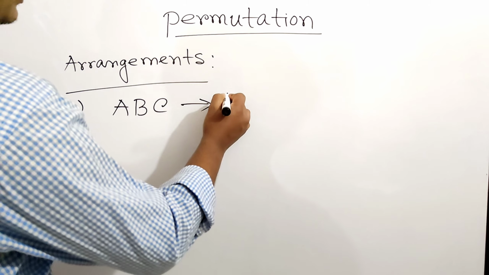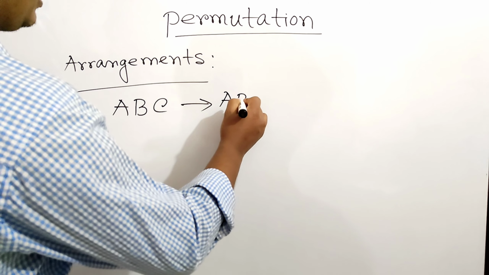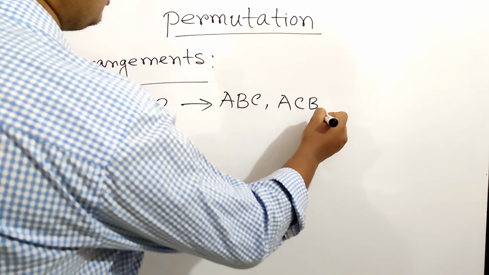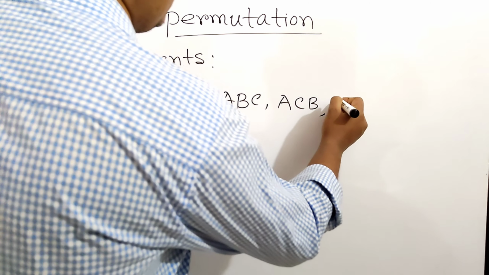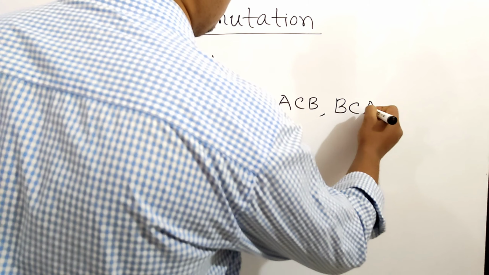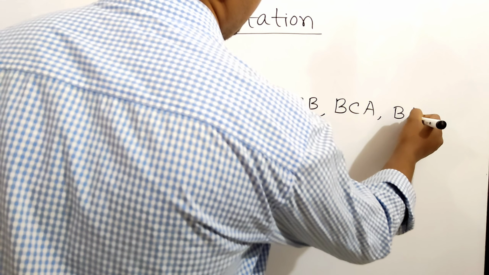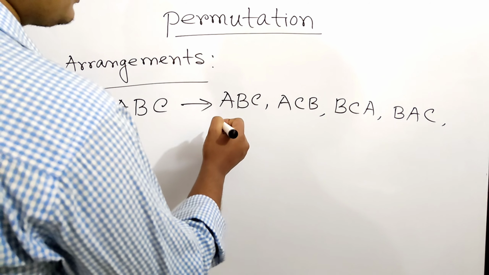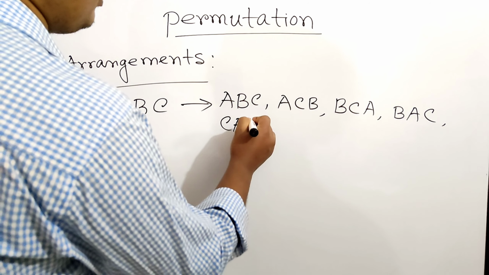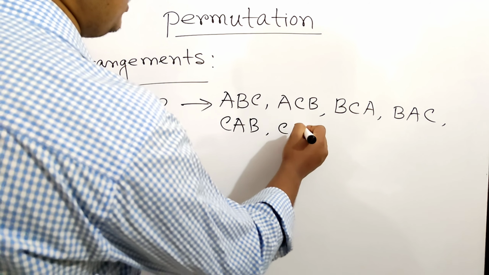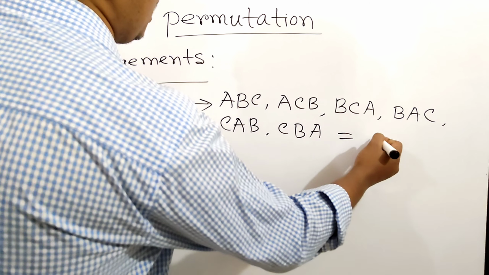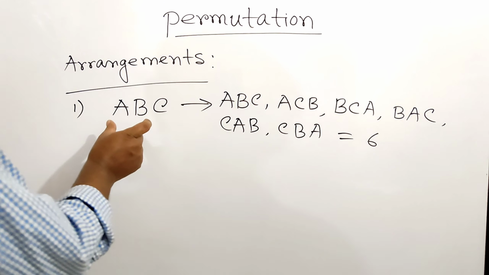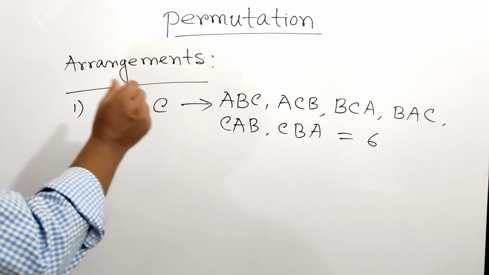You can arrange it as ABC, or ACB, or you can start with B, that is BCA, or BAC, or you can start with C, that is CAB and CBA. Total 6. That means in 6 ways you can arrange only 3 letters A, B, C.